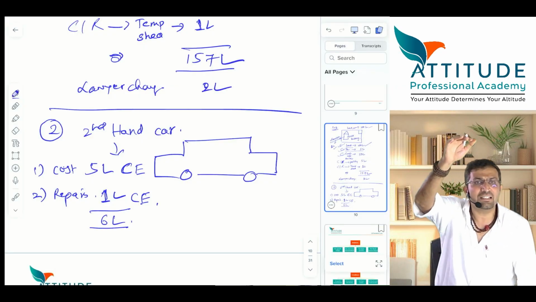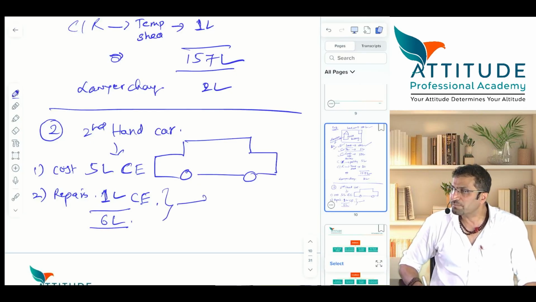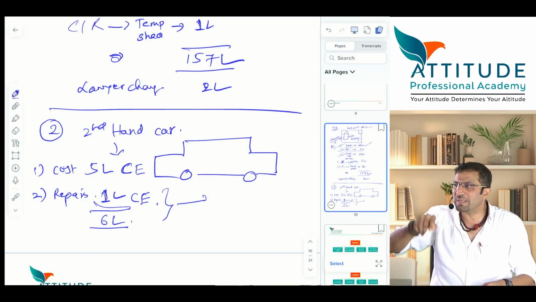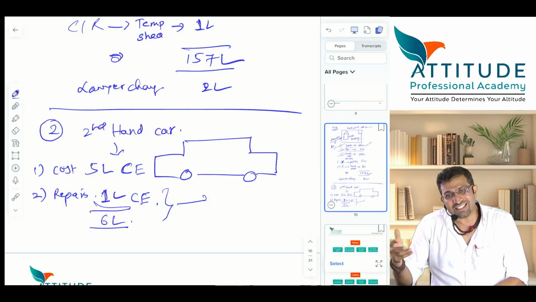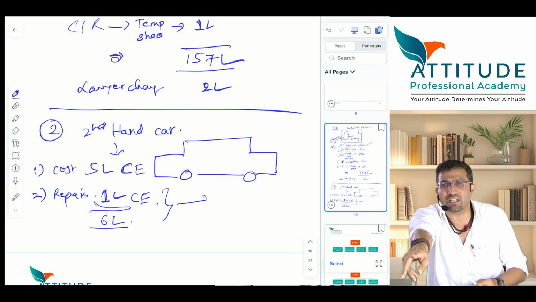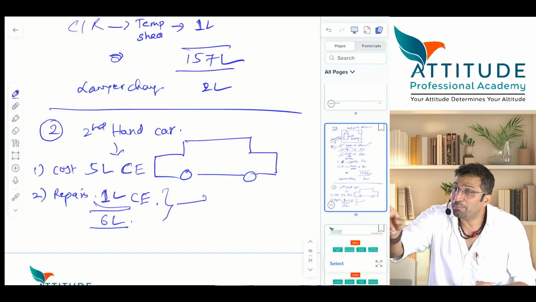Is that clear? Because let us say after 6 months you again send this car for repairs. What expenditure that is? Why these repairs are capital expenditure and why the repairs which are spent after 6 months are revenue expenditure? Because the asset is already put to use for commercial purpose. Yes or no? उसके बाद जो expenditure करोगे वो हमेशा revenue expenditure ही रहेगा.